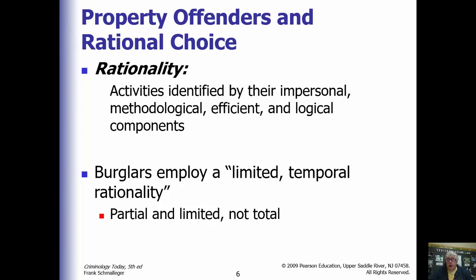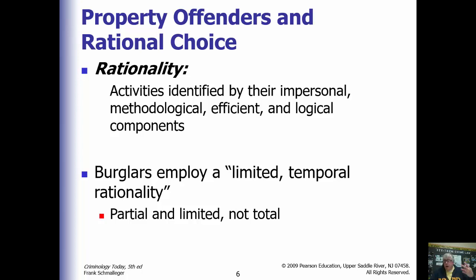So, property offenders and rational choice. We all know that rational choice theory suggests that people in committing crimes make a choice. Some of the studies suggest that we do have some rational choice among offenders in property crimes, but with burglars it's limited, because most burglars are not professional criminals, so they don't put a whole lot of effort in.